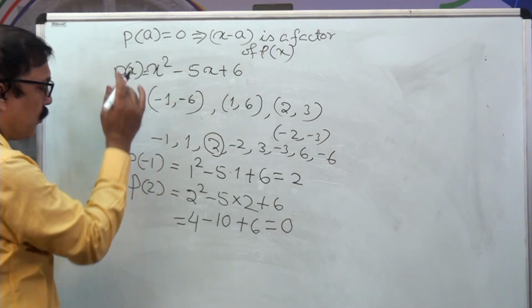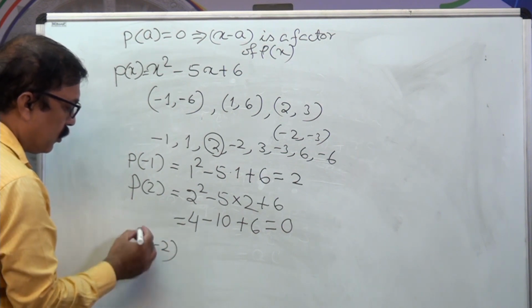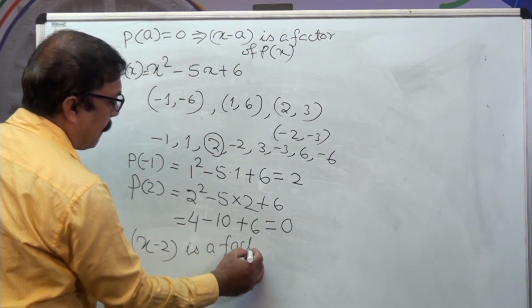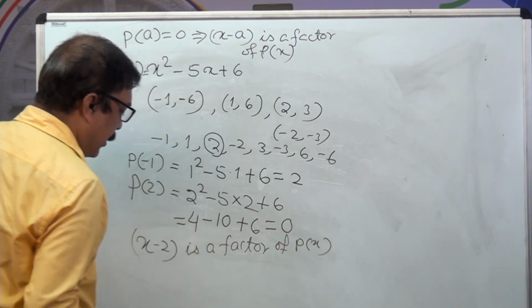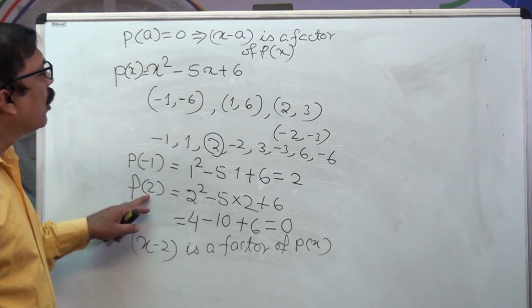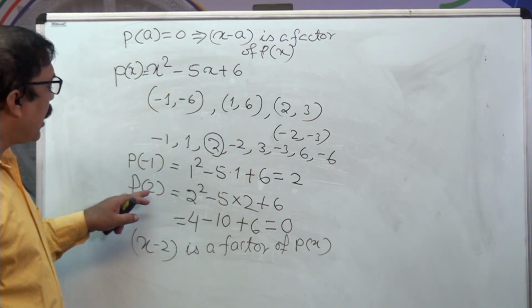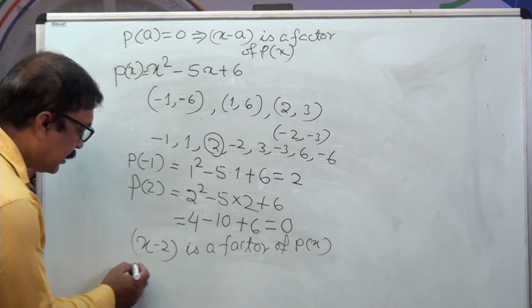From this we can say that x minus 2 is a factor of P(x). Now see, if the number is 2 and here the number is 6, then what multiplies with 2 gives 6? Obviously 3. So let's try with 3.